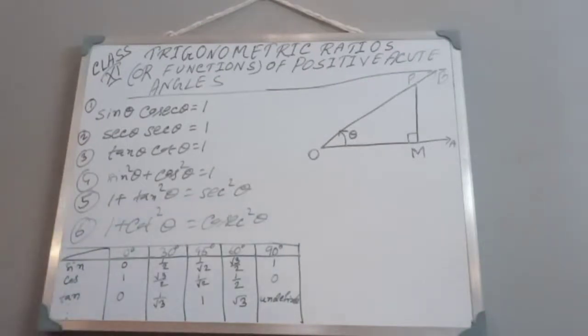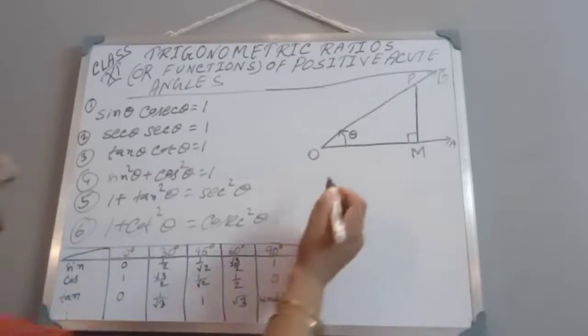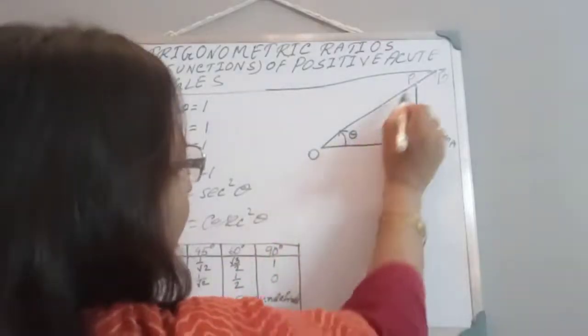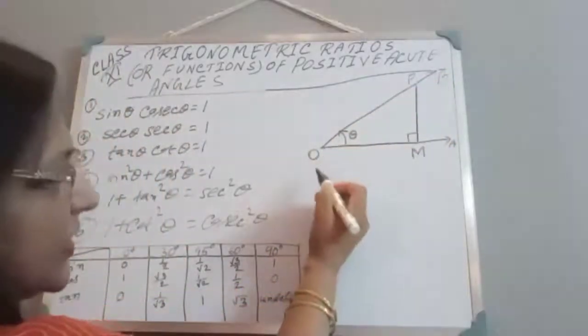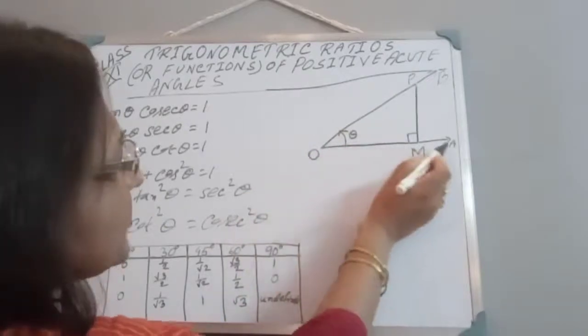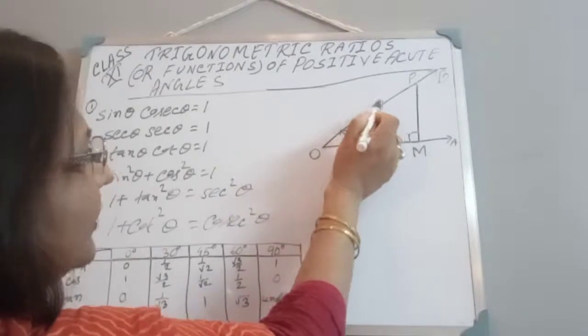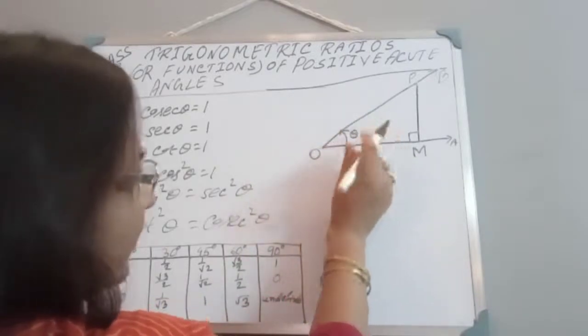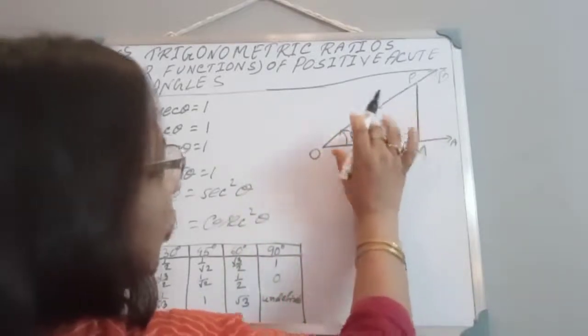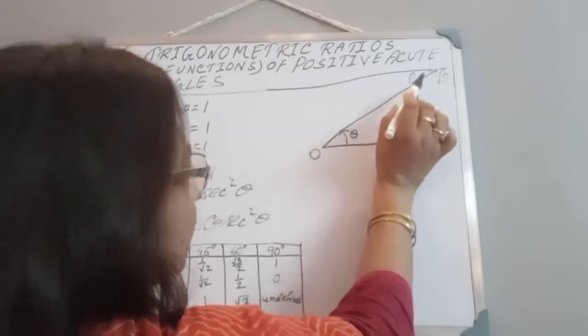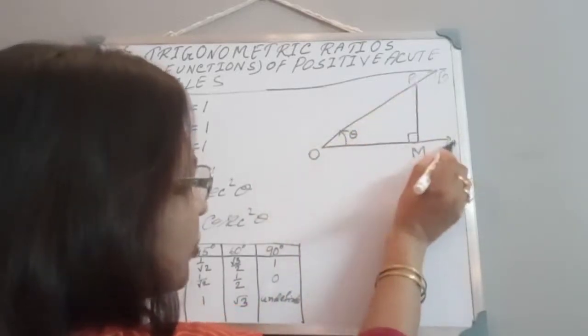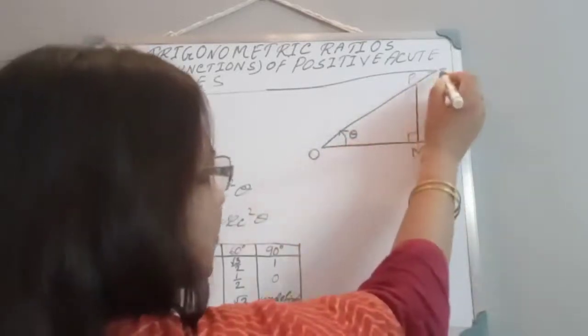What is given here? OB is a rotating line, and OB starts from the initial line OA. This is the initial position OA and the final position is OB.